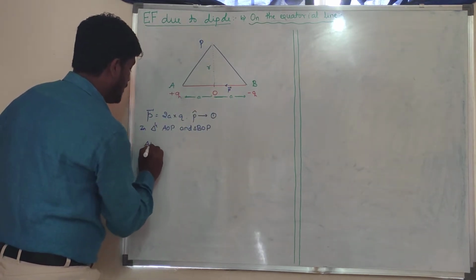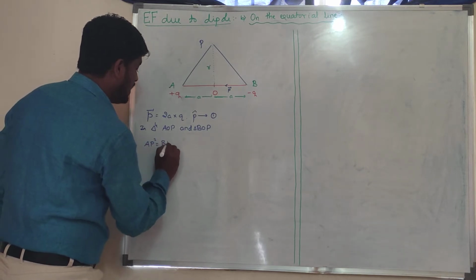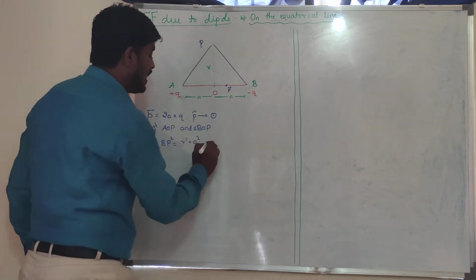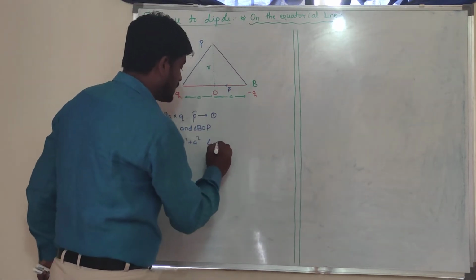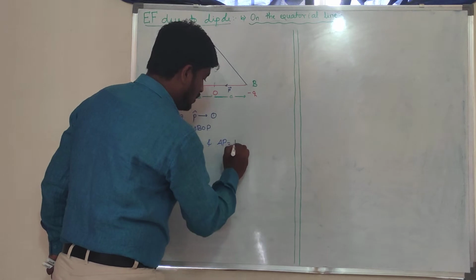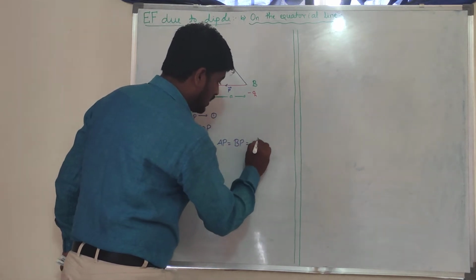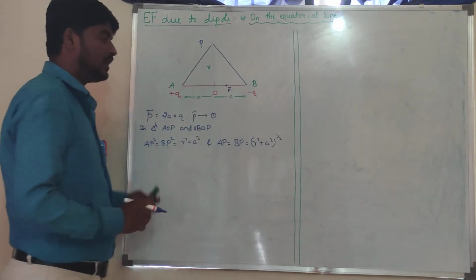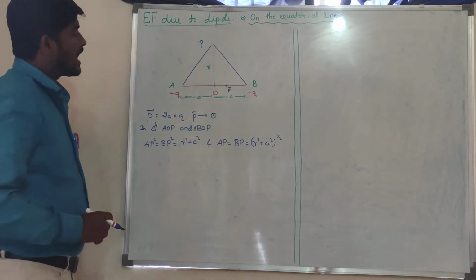So AP square is equal to BP square is equal to r square plus a square, and if I take the square root on both sides, I get AP is equal to BP is equal to (r square plus a square) raised to 1 by 2. Very, very important term it is.